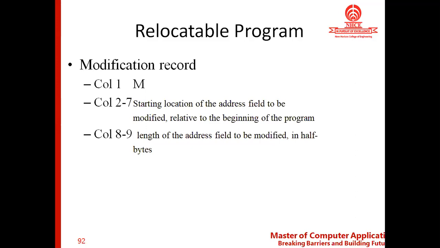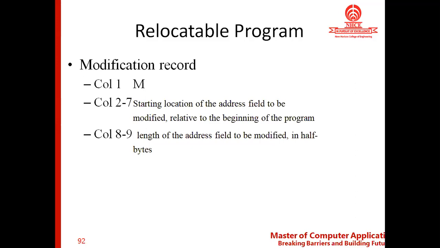But the assembler cannot instruct at that time. So now itself, the assembler should instruct for the situation of program relocation, where the loader has to do something with the object code. The information has to be instructed by the assembler. The way the assembler gives the instruction is by means of a modification record.